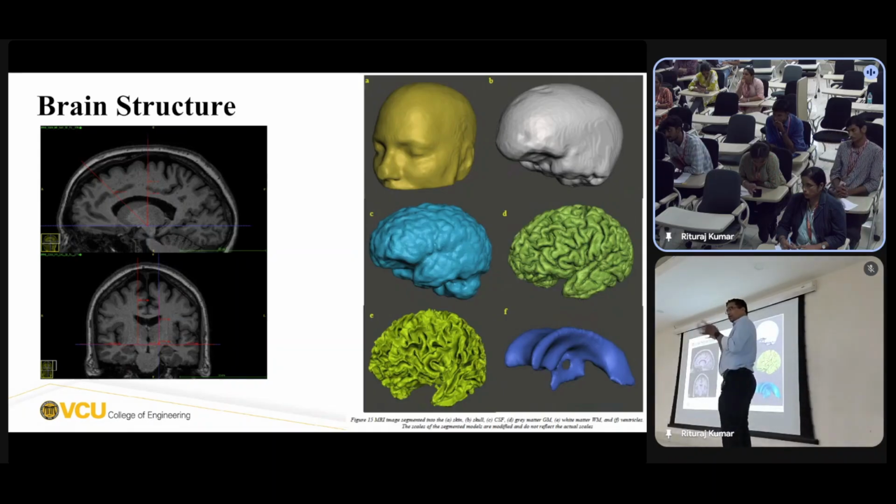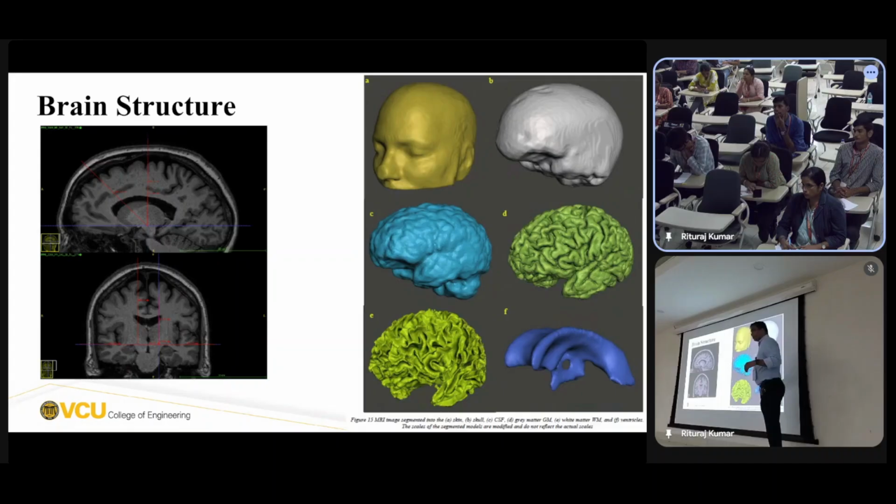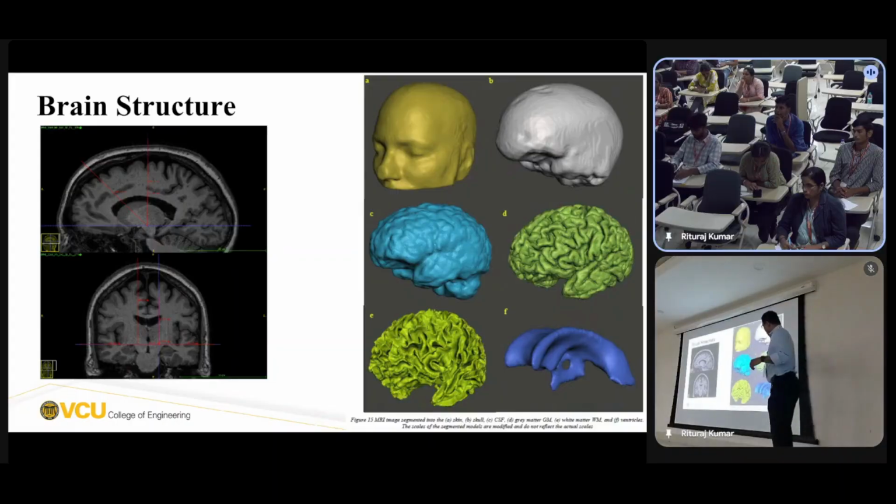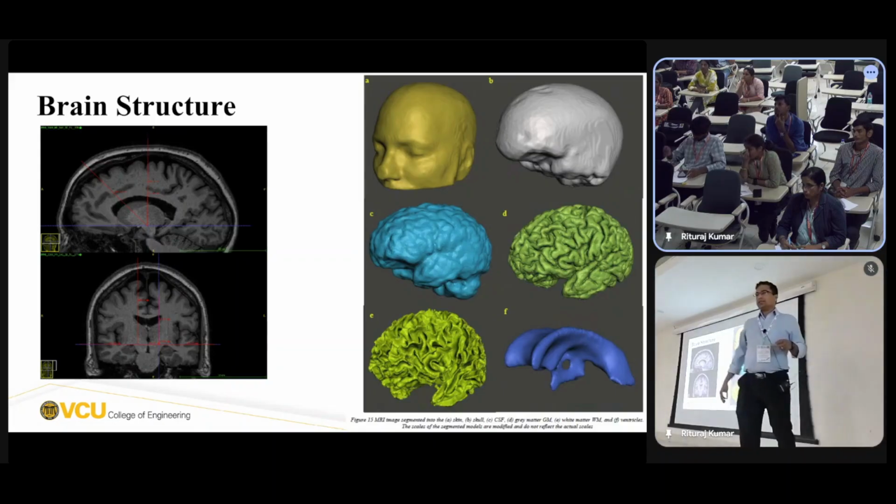And based on the edge, we separate different structures. So this is ventricles, white matter, gray matter, cerebrospinal fluid, skull, skin. Okay. So we take that and we separate all these. This is imaging techniques.